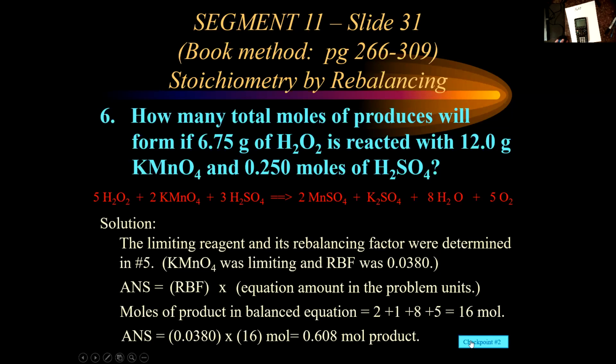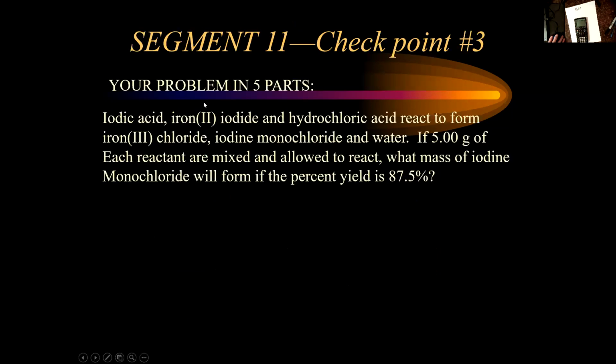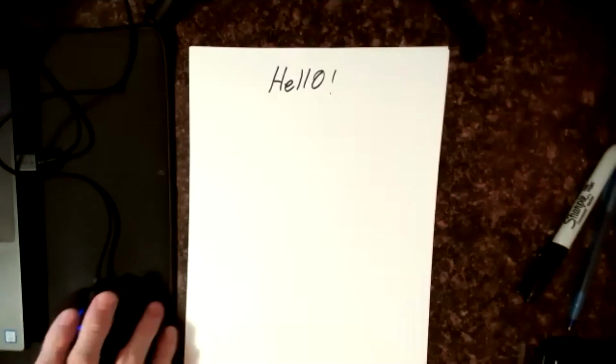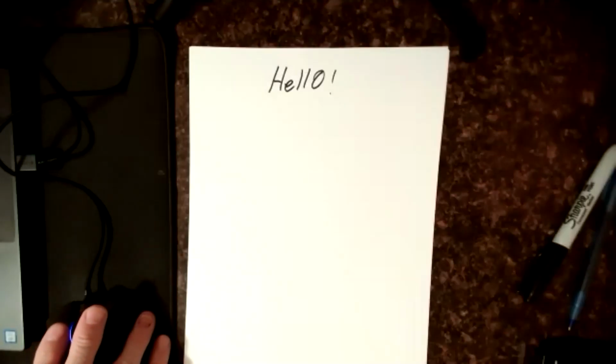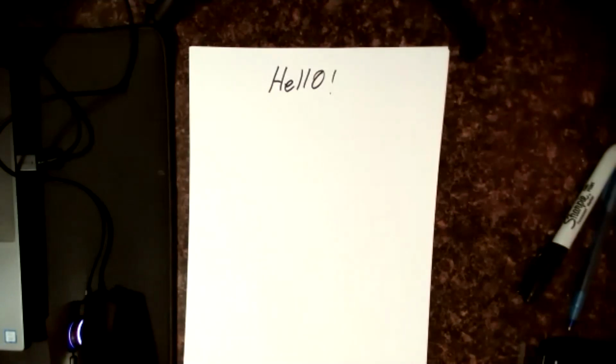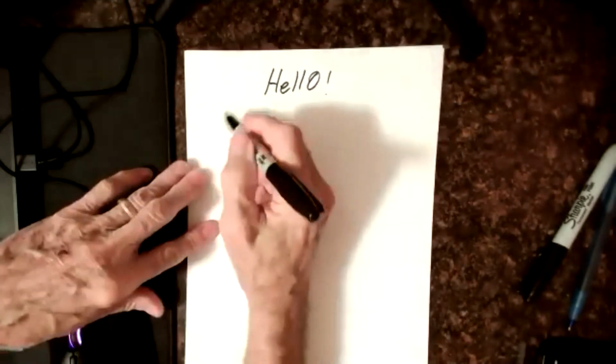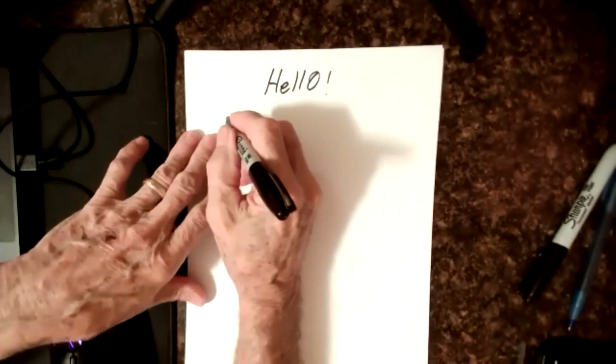Okay. Now, here's a checkpoint, and let's work through that one. And let's go over so that you can see this and I can see the problem. And it says iodic acid. I didn't tell you what that was.